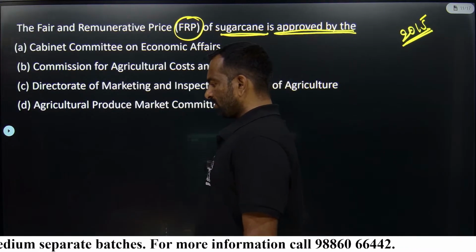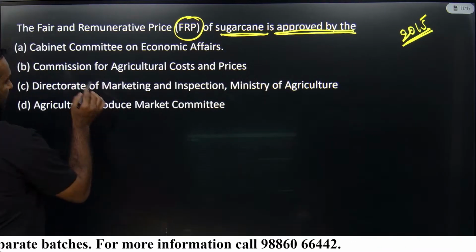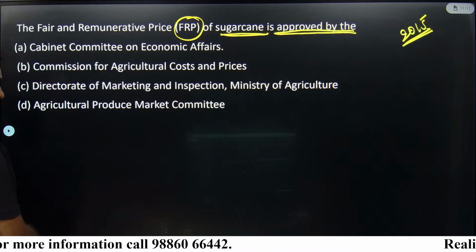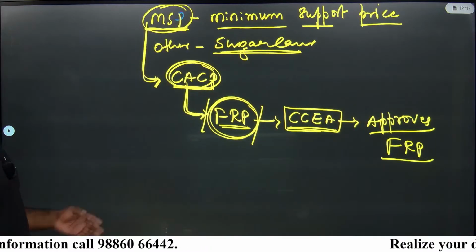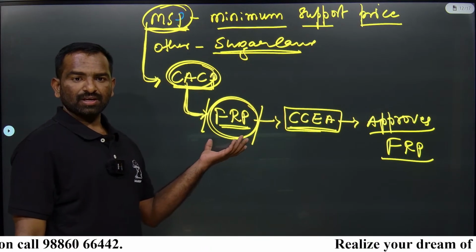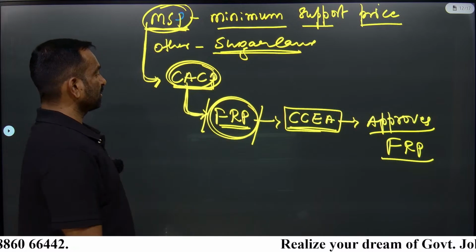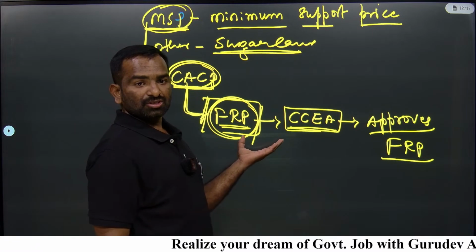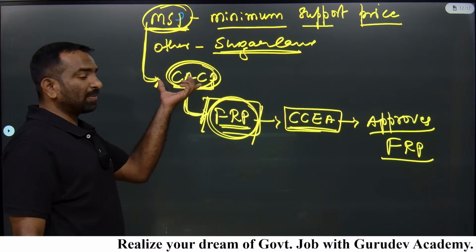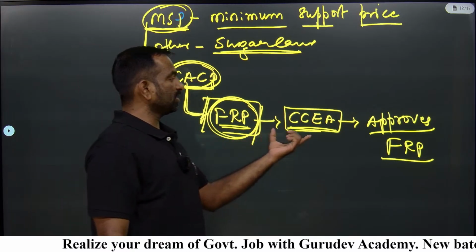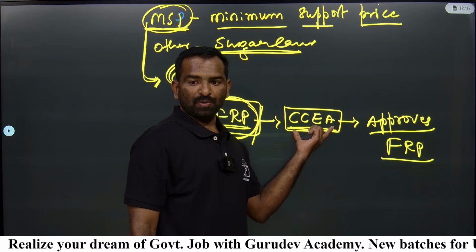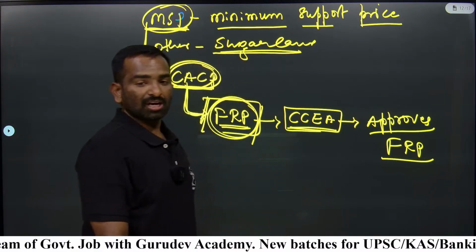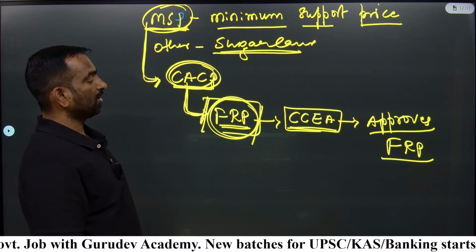As we discussed earlier, the discussion is very clear: the FRP is recommended by the CACP, but it is approved by the CCEA, which means the Cabinet Committee on Economic Affairs.